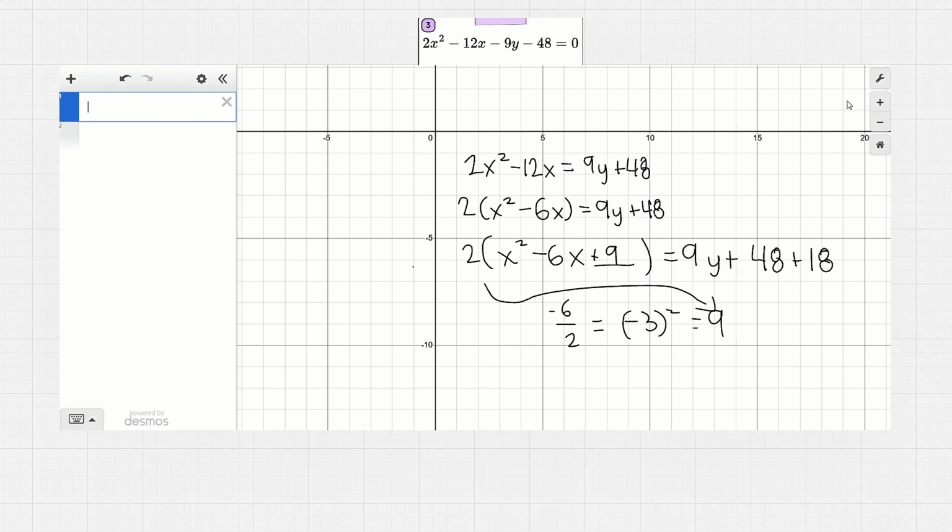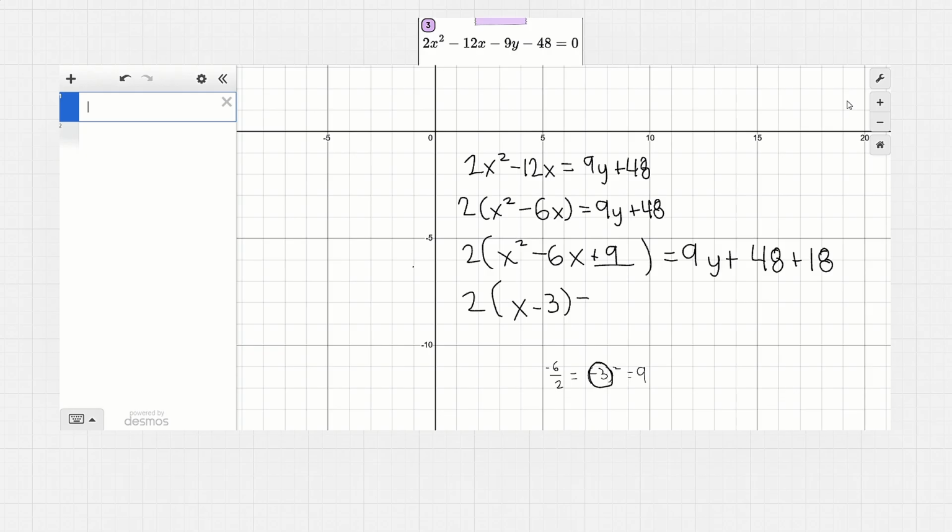So it will be 18. Now, we finally have a perfect square trinomial. How can we make this a binomial? We're going to copy x and the value we got earlier by dividing the coefficient of the middle term by 2. We have negative 3.